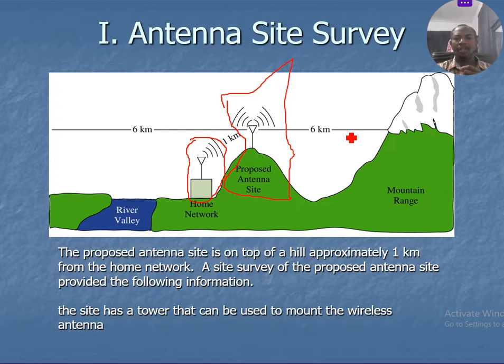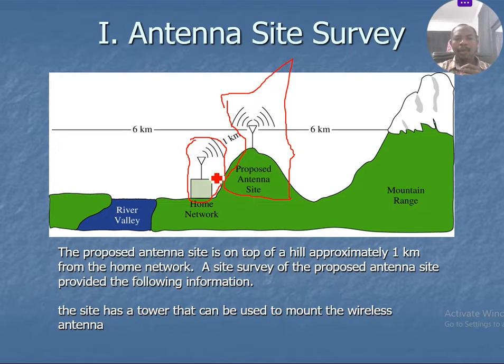view. About 6 kilometers. 6 kilometers is not a small distance. 1 kilometer is 1,000 meters. So 6 kilometers to the right direction as a clear view, at least minimum, or it could be 7 or 8 kilometers, and 7.5 kilometers left and right, clear view.